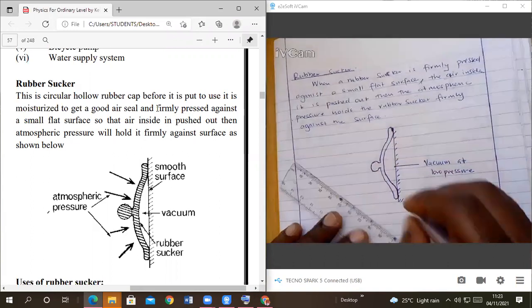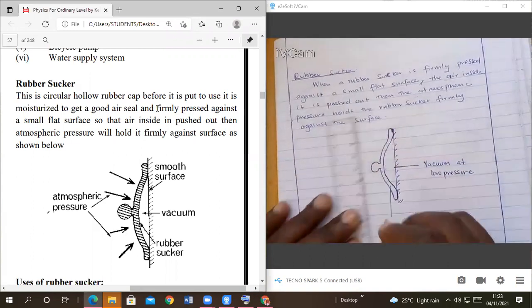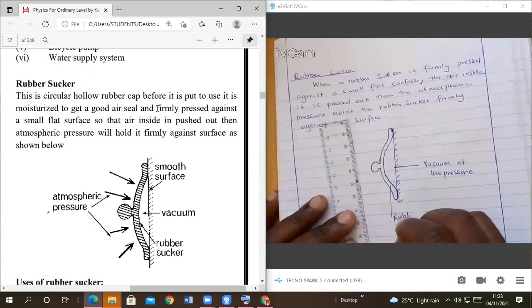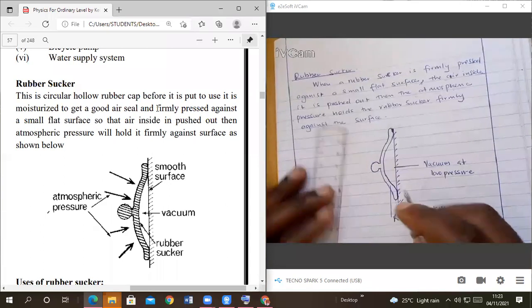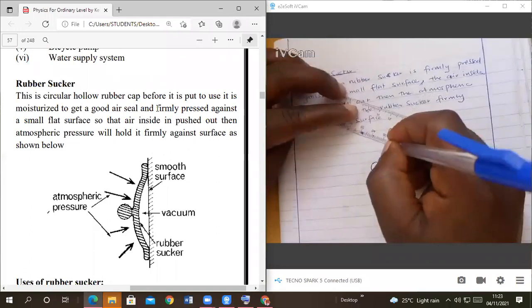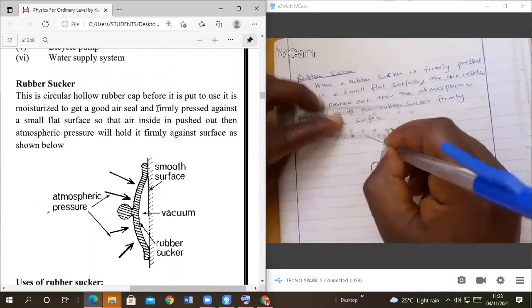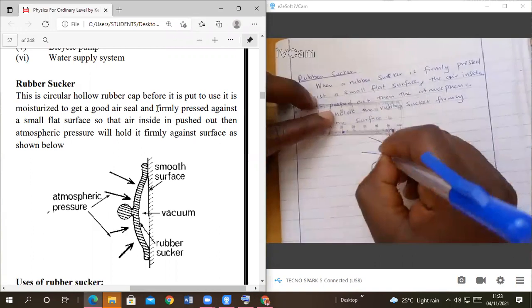Then this is what we call a rubber sucker. And here we shall have the atmospheric pressure, because atmospheric pressure acts in all directions.